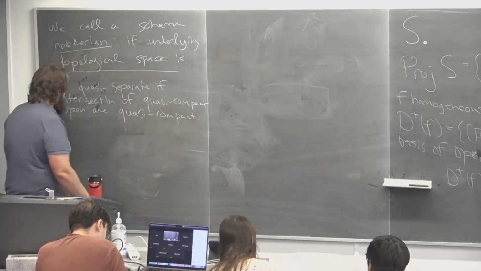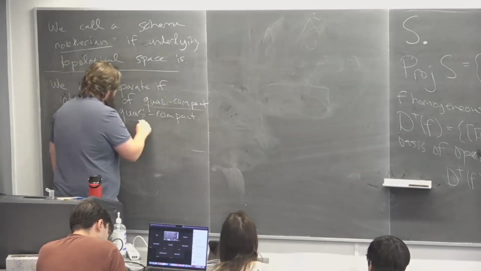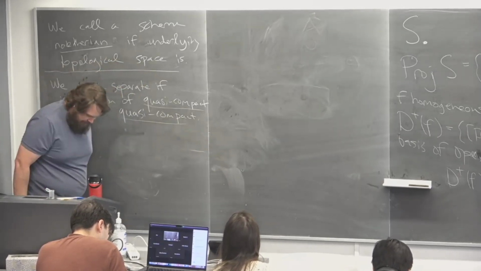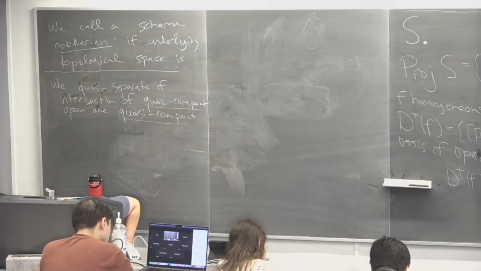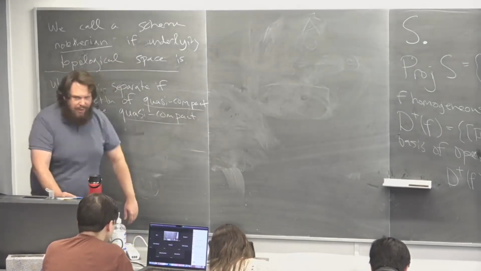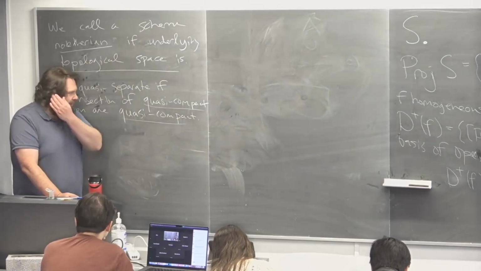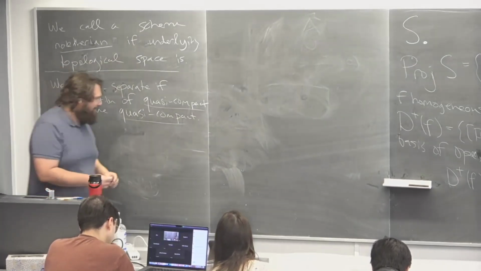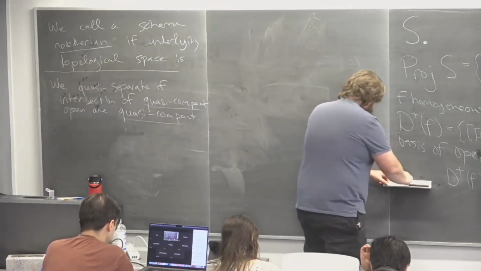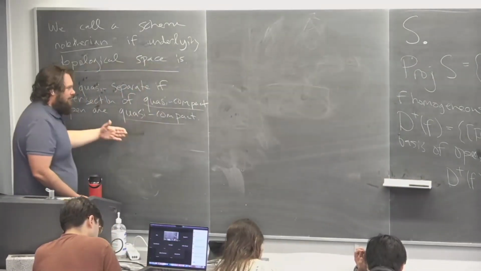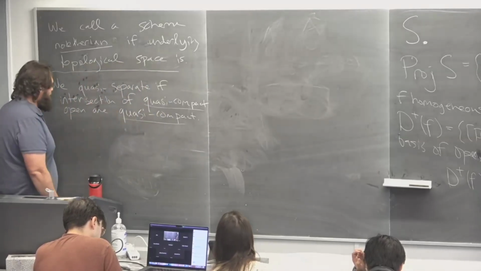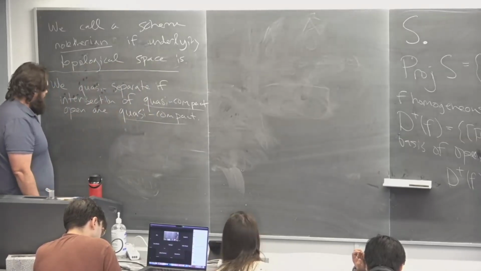So the point somehow here is, because I took the most generous imaginable definition of scheme, you can cook up some really weird stuff if you aren't careful. So this is a property you should expect to hold for all reasonable schemes. And maybe I should have just made it part of the definition of scheme.